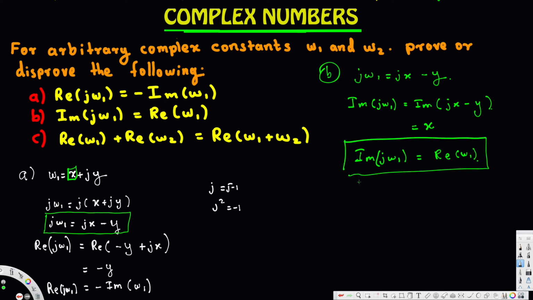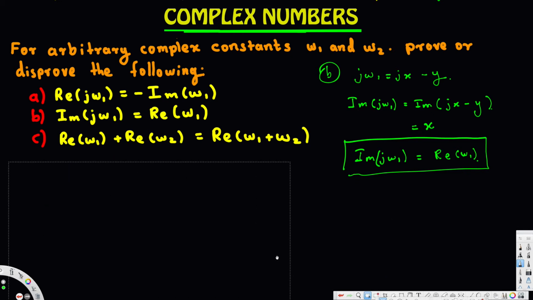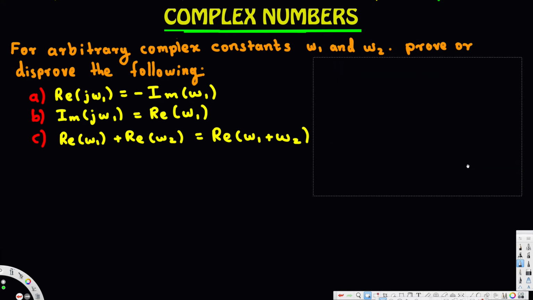Okay, now let's go for the third one. Let's get rid of these two. The third part is asking whether the real part of w1 plus the real part of w2 is equal to the real part of w1 + w2. Before, we had w1 equal to x + jy.